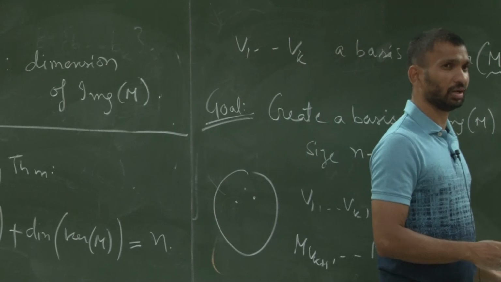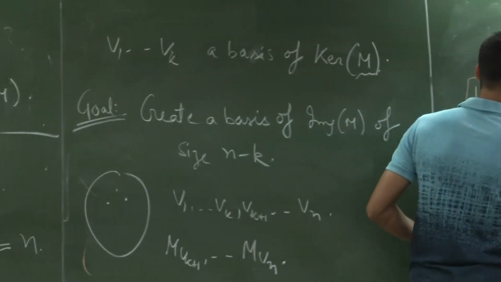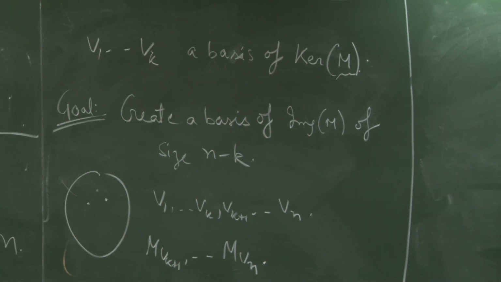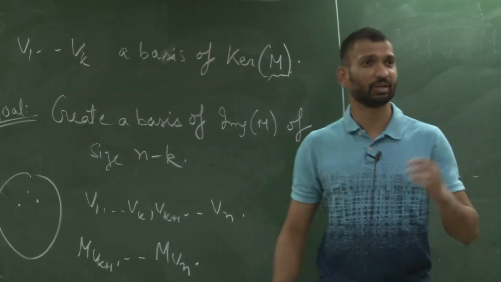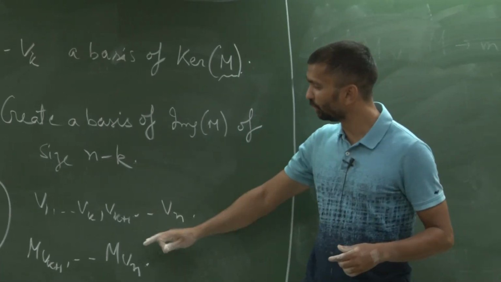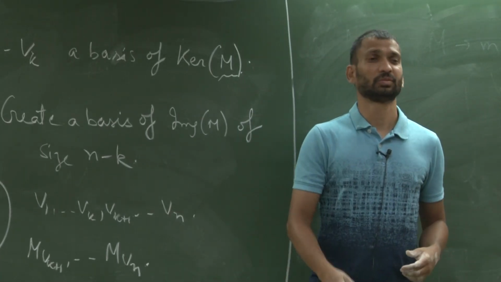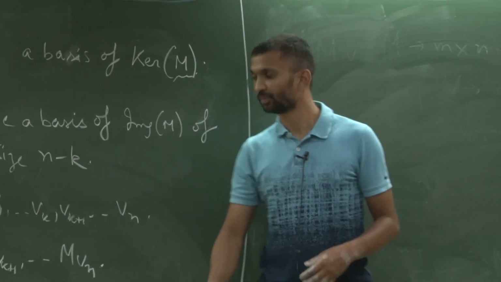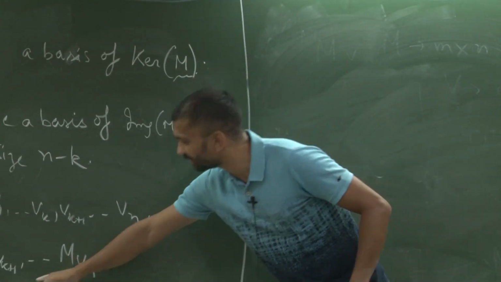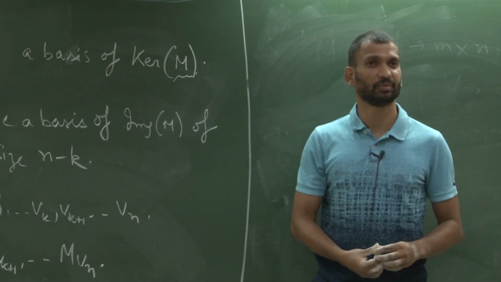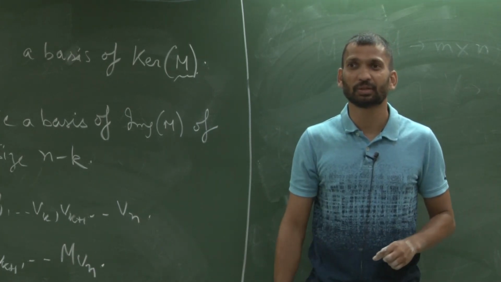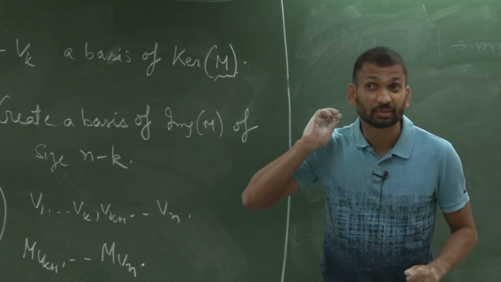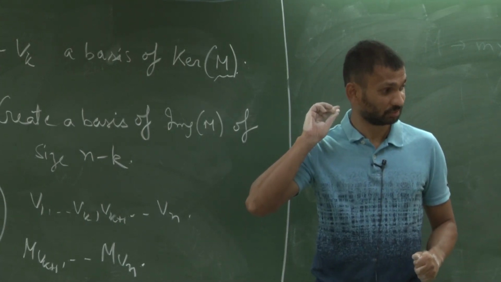Okay. What do I need to prove for this? You tell me what do you need to prove for this, and then I won't ask you to prove it. Wait. Let anyone else answer. What do I need to prove? The back row is out, this row is out. Only either you guys or you. What do I need to prove to show that this is a basis of image of M? How do I prove that something is a basis? Linear?